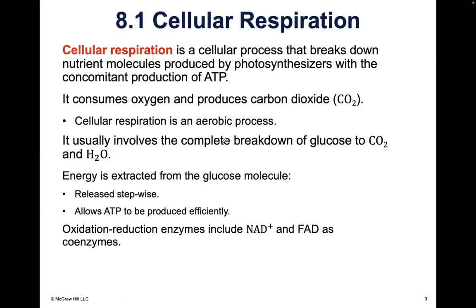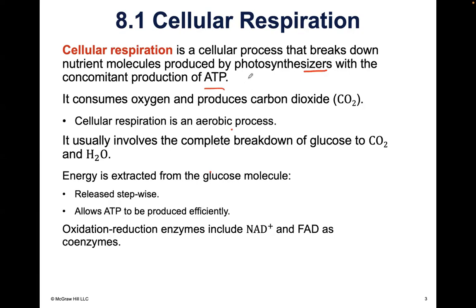So cellular respiration is a cellular process that helps to break down nutrient molecules produced by photosynthesis. Photosynthesizers are organisms that usually photosynthesize, so they carry out the process of photosynthesis with the concomitant production of ATP.